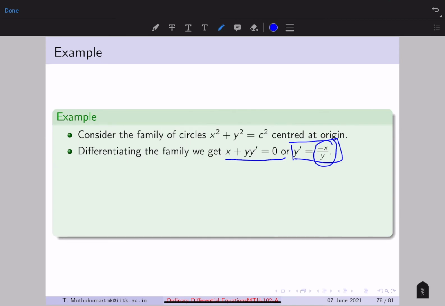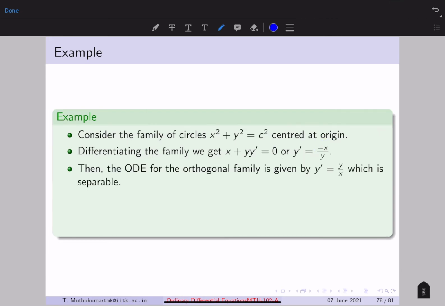So the slope of the tangent of the given curve is minus x over y. Now suppose you want to find the orthogonal family corresponding to the given curve, then that should be given by the ODE y prime equals minus 1 over f(x,y), which is precisely this.